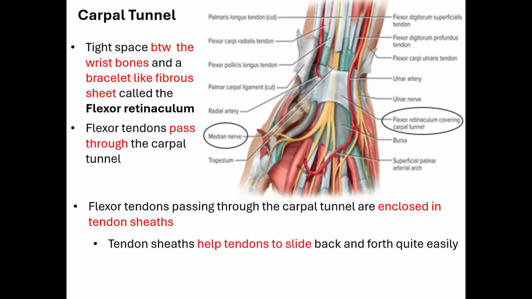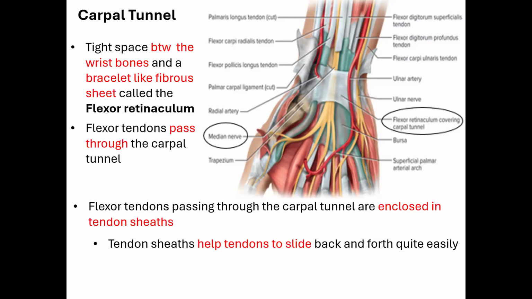Carpal tunnel. Everybody has heard about this problem called carpal tunnel syndrome. What is a carpal tunnel? Carpal tunnel is a space between the wrist bones. Okay, we have the wrist bones here. What are they called? The carpal bones.